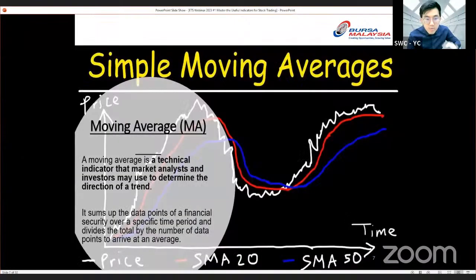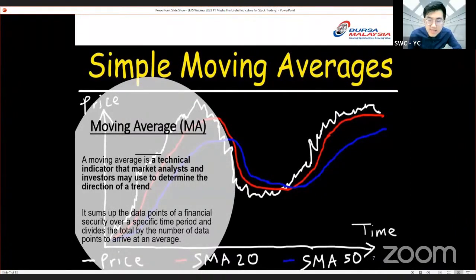Moving averages. Some of you might have experience in the market already, so you will know that the moving averages basically determine the direction of a trend. It takes the average of the price over a period of time to determine whether the current market trend is uptrend or downtrend.